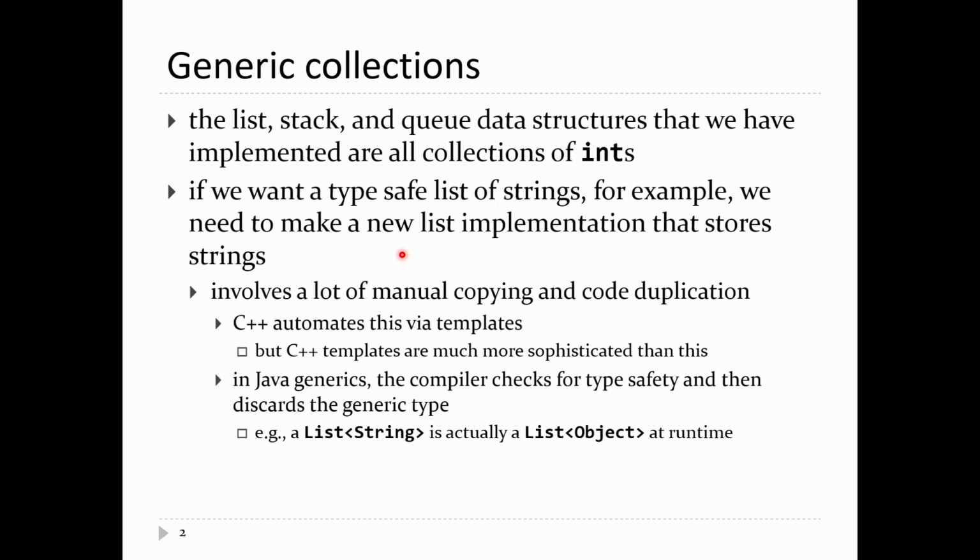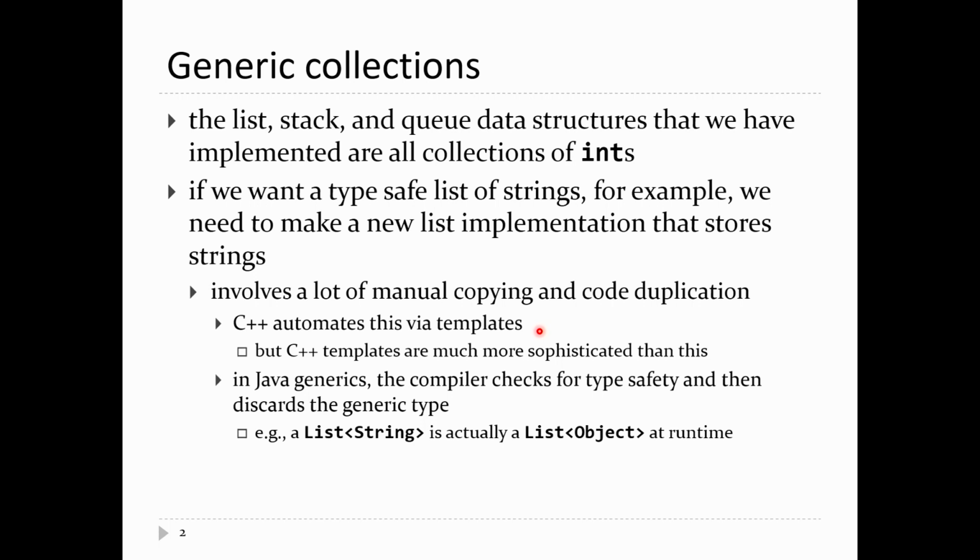And then you've now got an implementation that can store strings. But that means there's a bunch of code copying happening. If you now want a list that can hold doubles, you've got to do the same thing all over again. So this involves a lot of manual copying and code duplication on the programmer's part, which is no fun. It's also error prone, so you want to avoid doing that if you can.